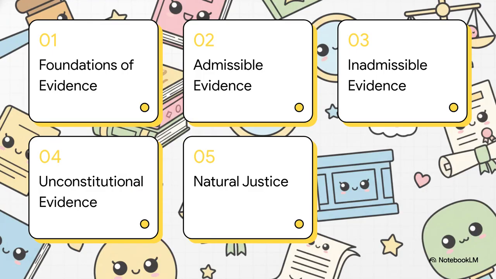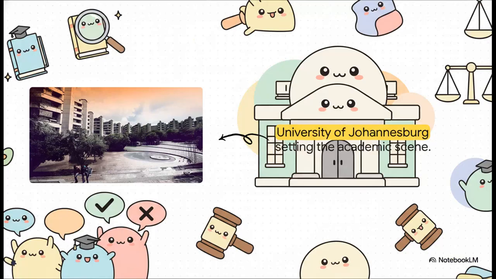Okay, here's our mental map for today. We've got 5 key buckets: foundations of evidence, admissible evidence categories, inadmissible evidence, unconstitutional evidence, and finally, the principles of natural justice. Right, to really set the scene, I want you to imagine you're walking across the University of Johannesburg campus, getting ready to step into a strictly run courtroom.